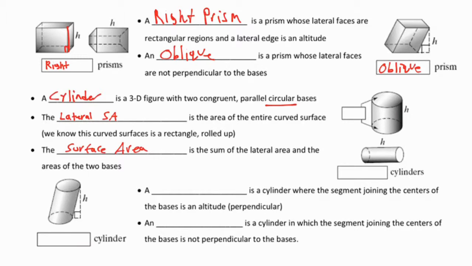Okay? And now a blank is a cylinder where the segment joining the centers of the bases of the altitude, or also known as perpendicular, is going to be known as a right cylinder. And then obviously when it's not right is going to be known as an oblique cylinder.